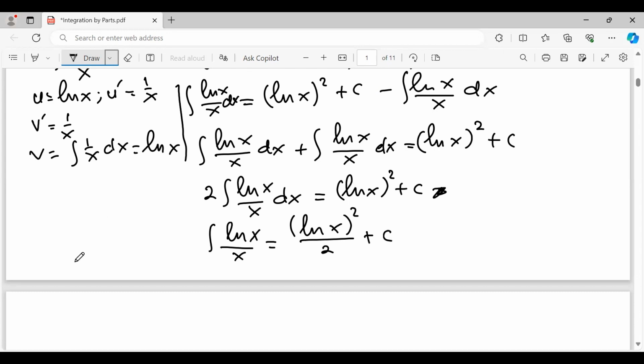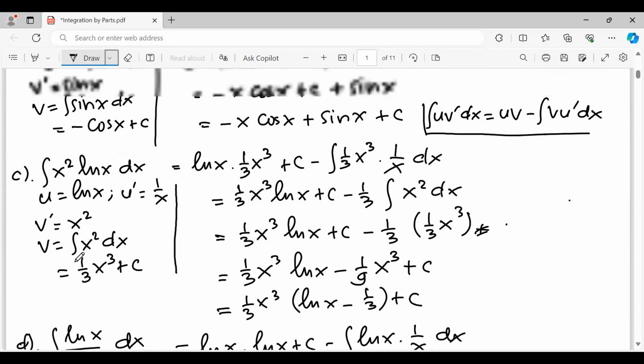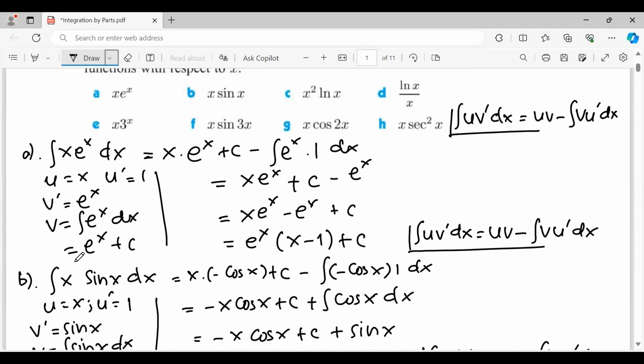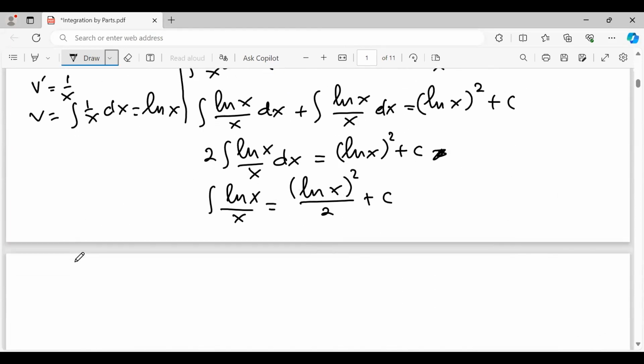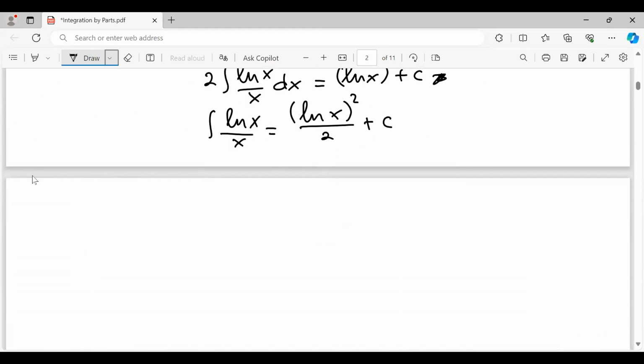Next, e, integral x times 3 power x. In this integration, u equals x, so derivative u equals 1.